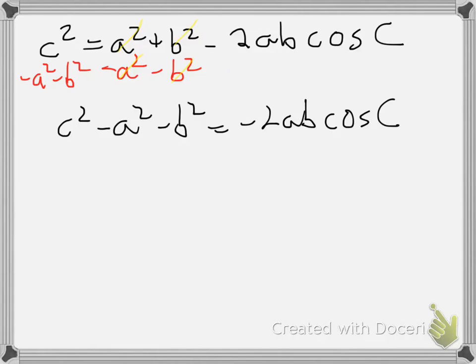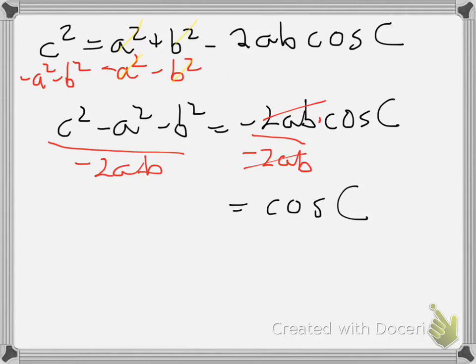So now what I want to do is divide by everything in front. Because it's multiplying here, we got timesing right there. So we're going to divide by negative 2ab on one side to send those out. But whatever I do to one side, I do to the other. And so I'm going to get cosine C. Now, essentially, the negative sign basically changes the sign of everything on top.